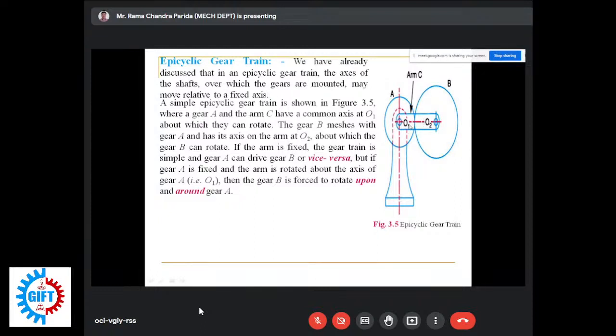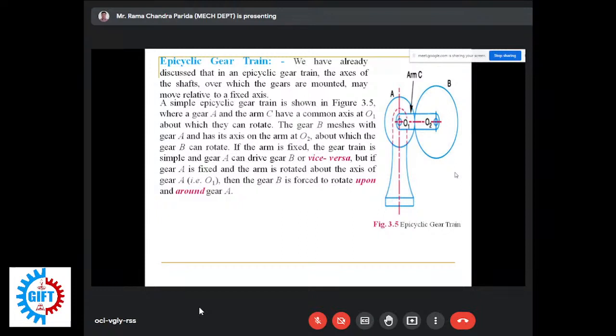Here this gear moves relative to a fixed axis. That means in a reverted gear train, the axis of the first and last gear in the compound gear coincides, and in an epicyclic gear train, the axis of at least one gear moves relative to the fixed axis or frame.